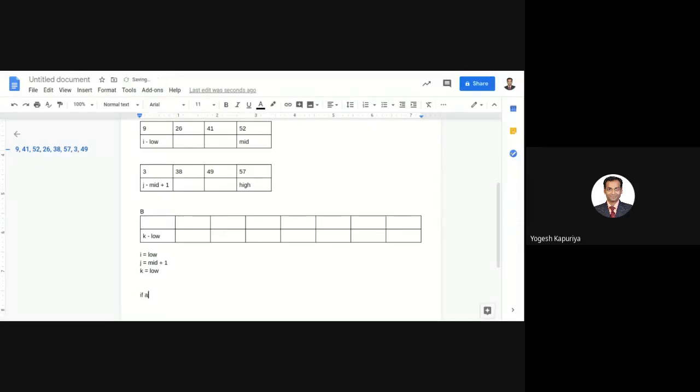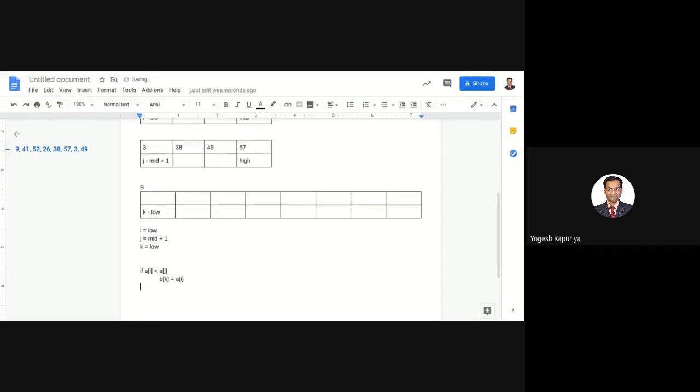If A of I is less than A of J, if this element is less than this element, then whatever is less, you will copy over here. So B of K is equal to A of I, and at the same time you increment I equal to I plus 1.